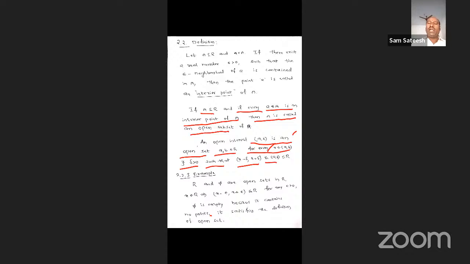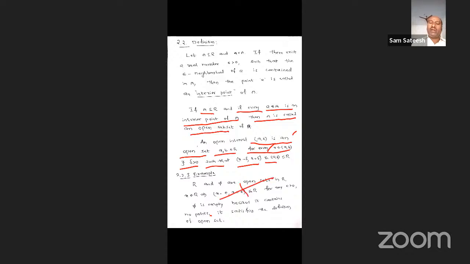Open interval is (a, b), and the open set is (a, b), two real numbers. For every x belonging to (a, b) means x is an interior point of (a, b).